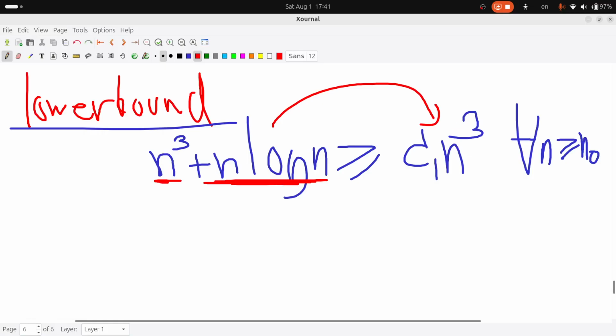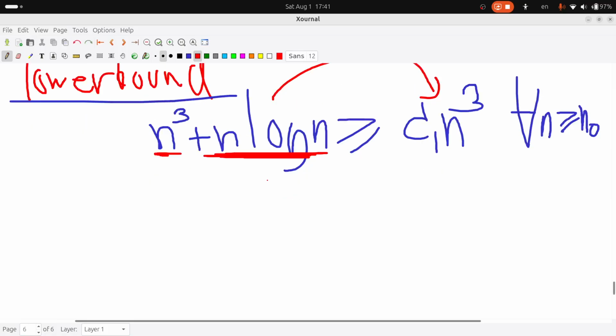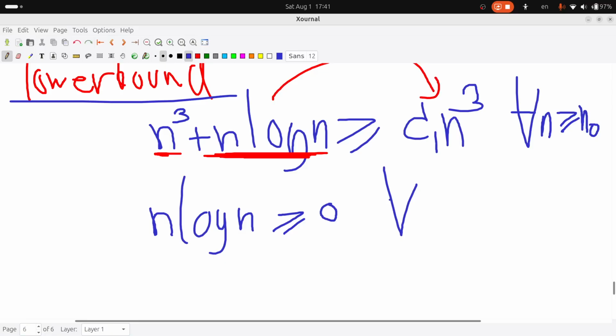We try to remove it. So what I can do is note that n log n is greater than or equal to 0 for all n greater than 1.